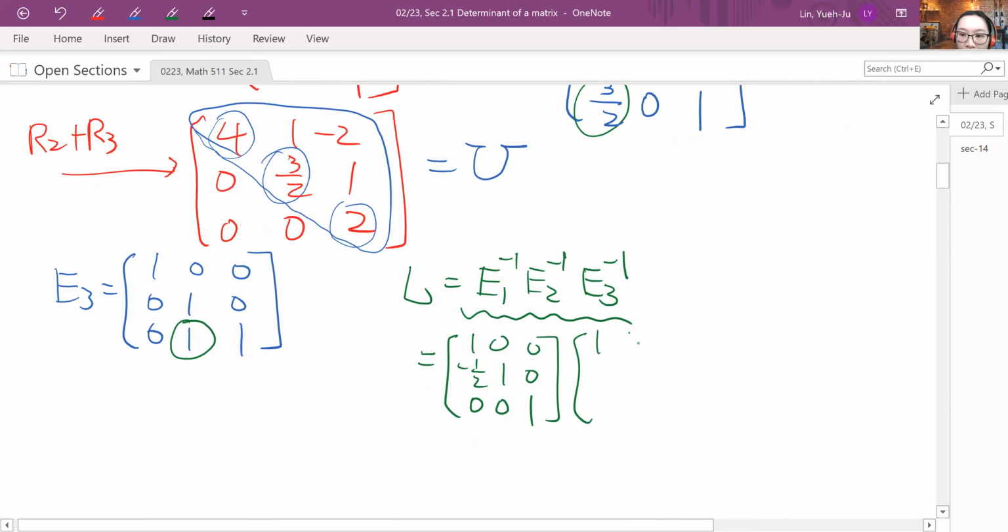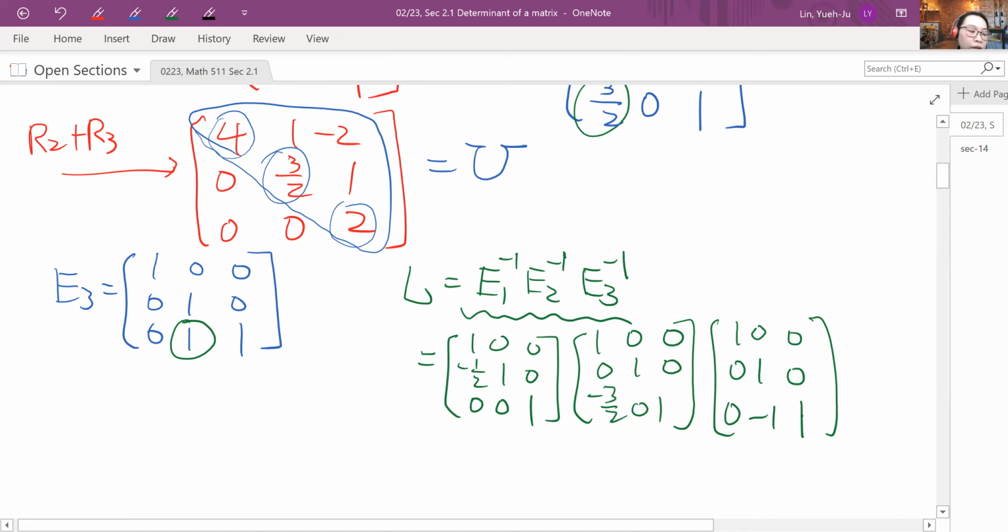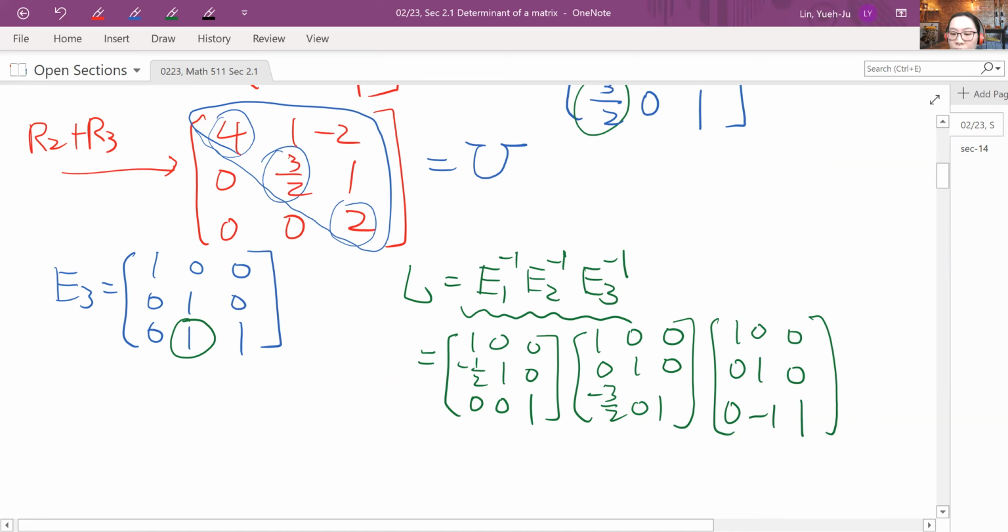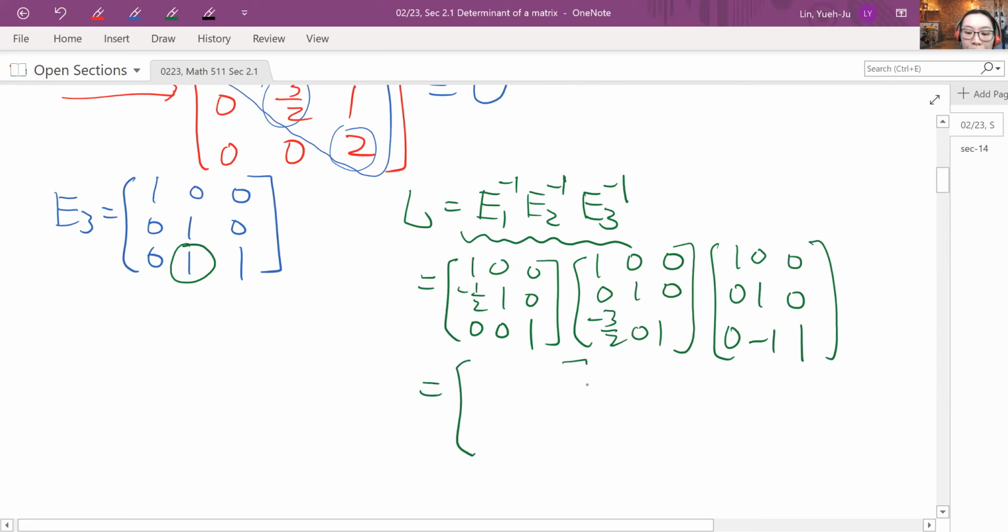Let me just copy down E2 inverse and E3 inverse. After you calculate the whole matrix multiplication, you will see that L should be something like this.